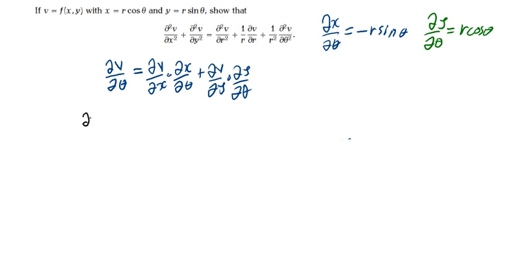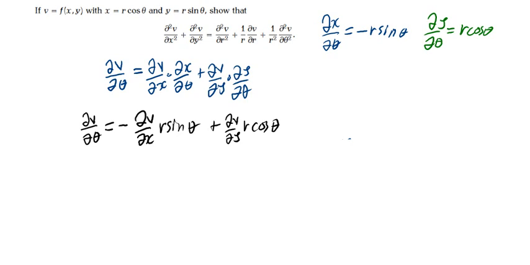So we have partial of v with respect to theta equals minus partial of v with respect to x, and because it's a minus r sine theta, I've put this minus here, so I'm just going to put r sine theta there, then plus partial of v with respect to y, times our partial of y with respect to theta, which is r cos theta.